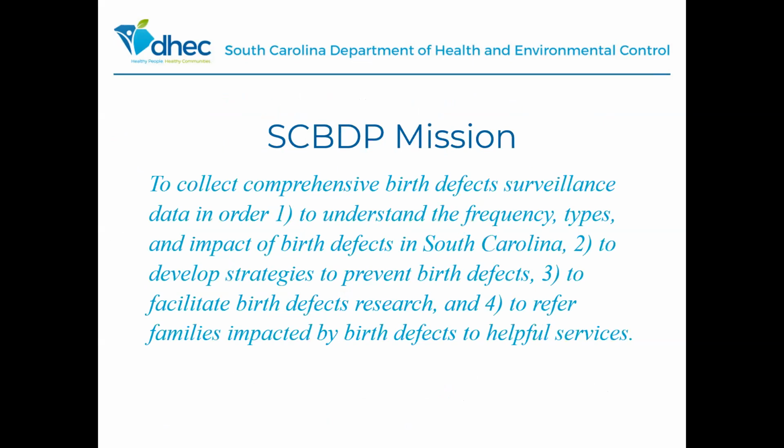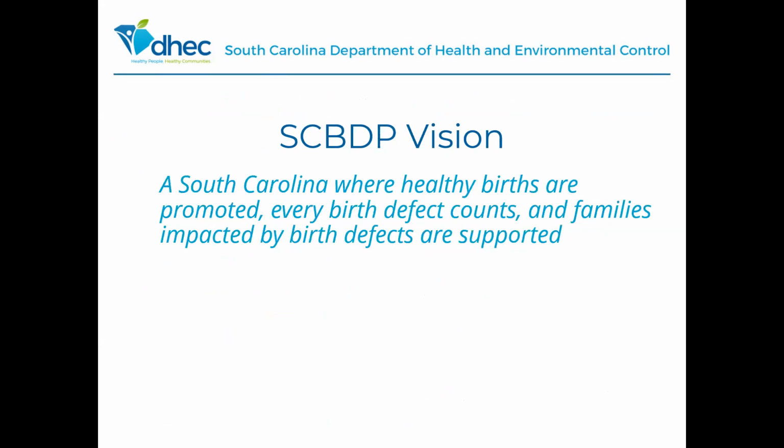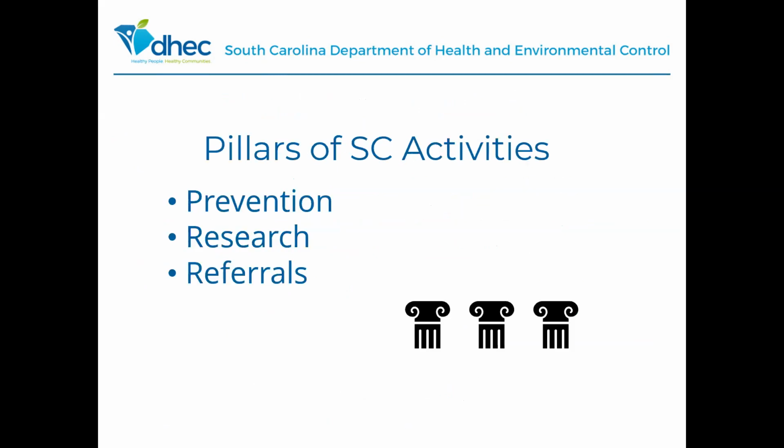Our mission is to understand birth defects, to develop strategies to prevent them, to facilitate research, and to refer families to services. We have a vision of a South Carolina where healthy births are promoted, every birth defect counts, and families are supported. The three pillars that we rest on are prevention, research, and referrals.